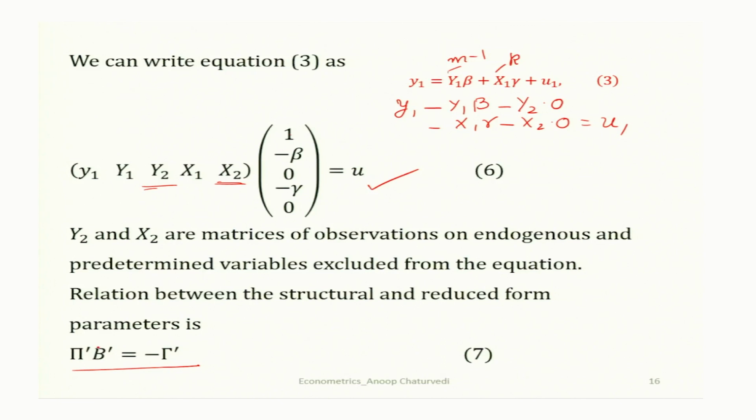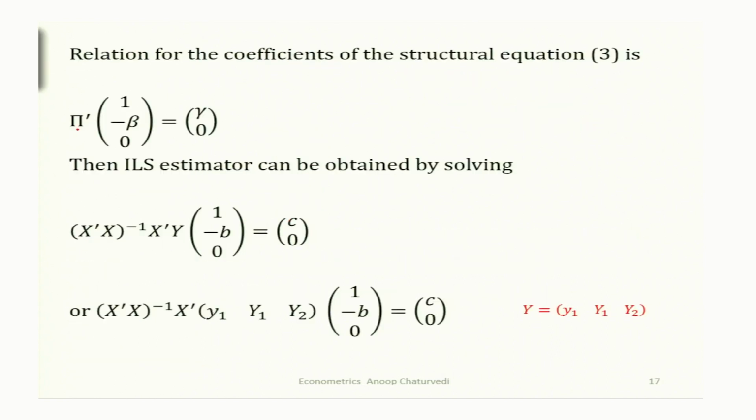You have these coefficients in B transpose, and corresponding to minus gamma transpose you have these coefficients. So, you get the relation pi transpose (1, minus beta, 0) equal to gamma 0.